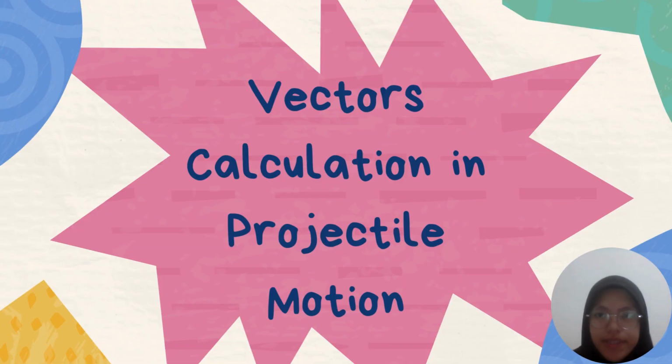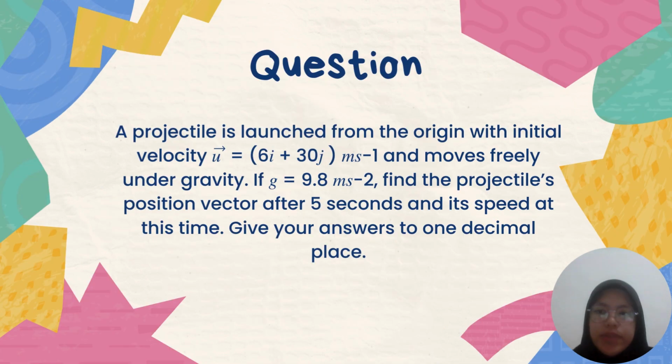Now, vector calculation in projectile motion. The question is: a projectile is launched from the origin with initial velocity and moves freely under gravity. If gravity is 9.8 meters per second squared, find the projectile's position vector after 5 seconds and its speed at this time.